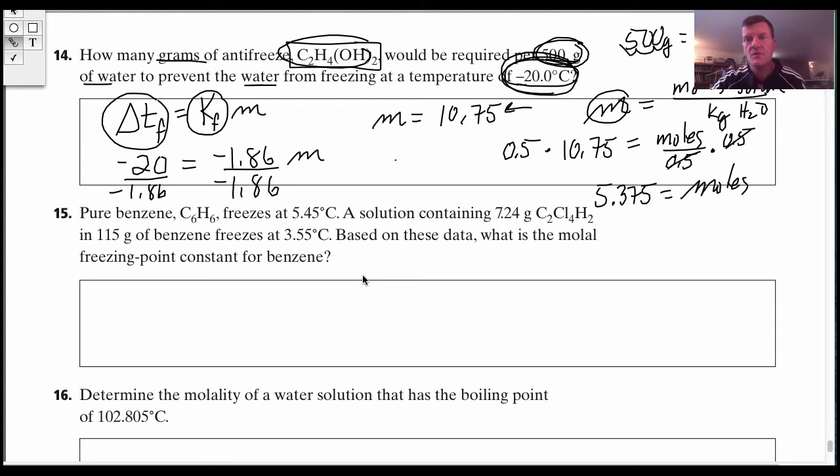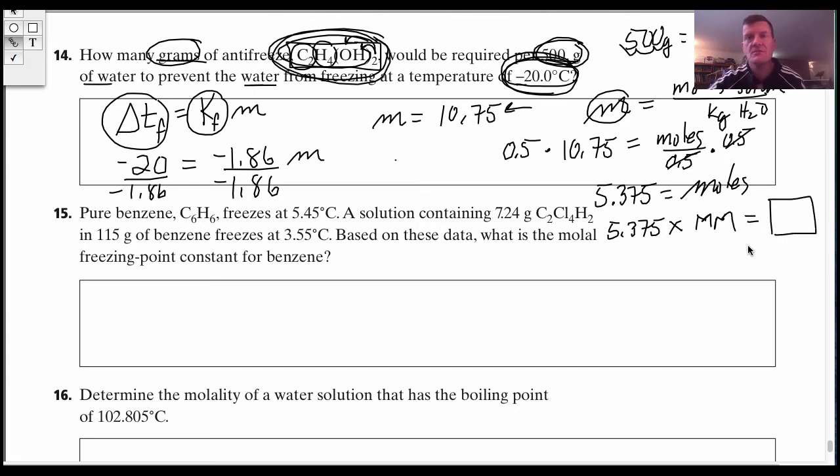It's asking for the mass, the grams. So now you have to take your moles and find the molar mass of this guy right here. I'm going to let you do that. Look on your periodic table, add up 2 carbons, 4 hydrogens, look at the 2 here, 2 oxygens and 2 more hydrogens. Take that number and multiply your 5.375 moles times the molar mass that you find from the periodic table. That will give you the answer you're looking for. Okay? You need to finish that up.